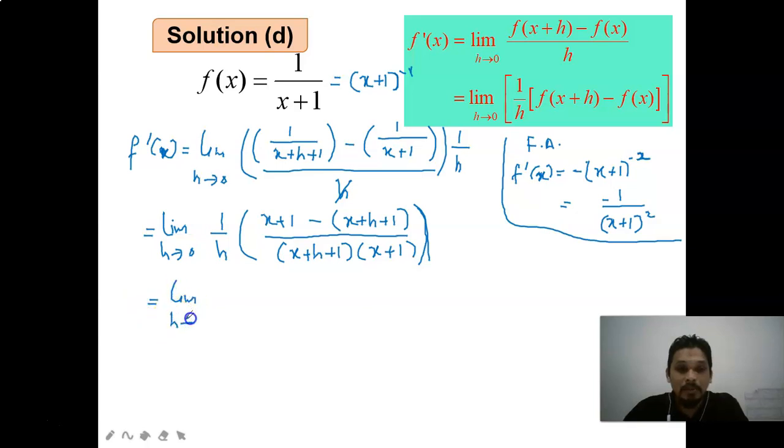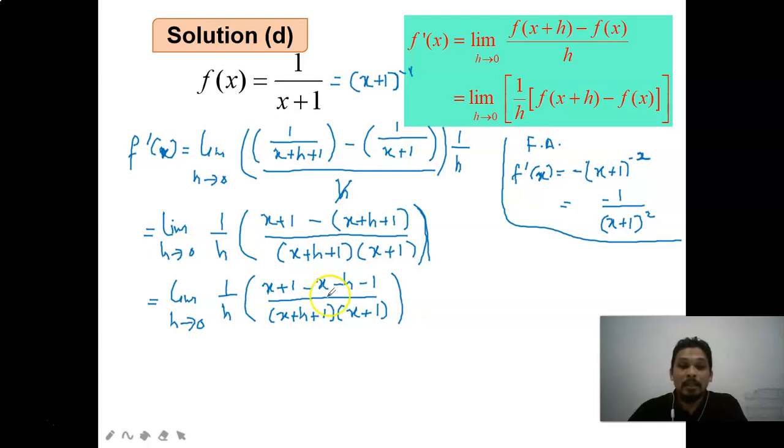Limit h approaching 0, 1 divided by h, so x plus 1, negative x minus h minus 1, divided by x plus h plus 1 and x plus 1.